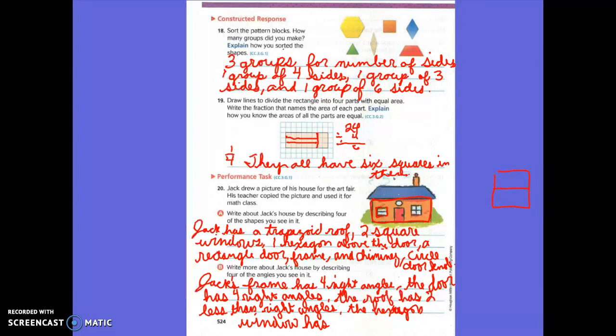Has 6 greater than right angles. Okay, 6 greater than right angles. Because I looked at all 6 of them, and all 6 of them were wider. And less than. Okay, that is all. So when you're done writing that, then you guys can start in the front.